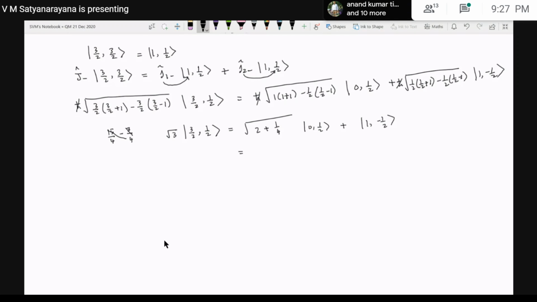So that is equal to 3 by 2, 0 comma half plus 1 minus half. So we have 3 by 2 comma 1 by 2 is equal to 1 by 2 root 3, 0 comma half plus 1 by root 3.